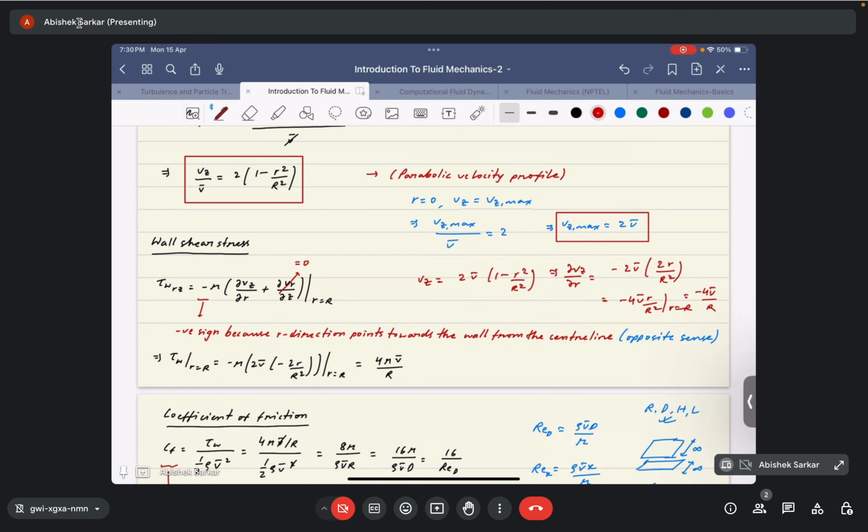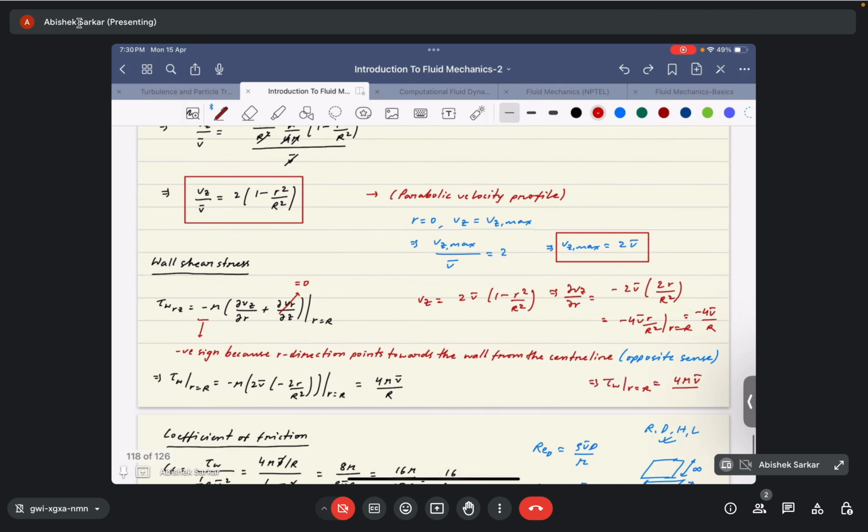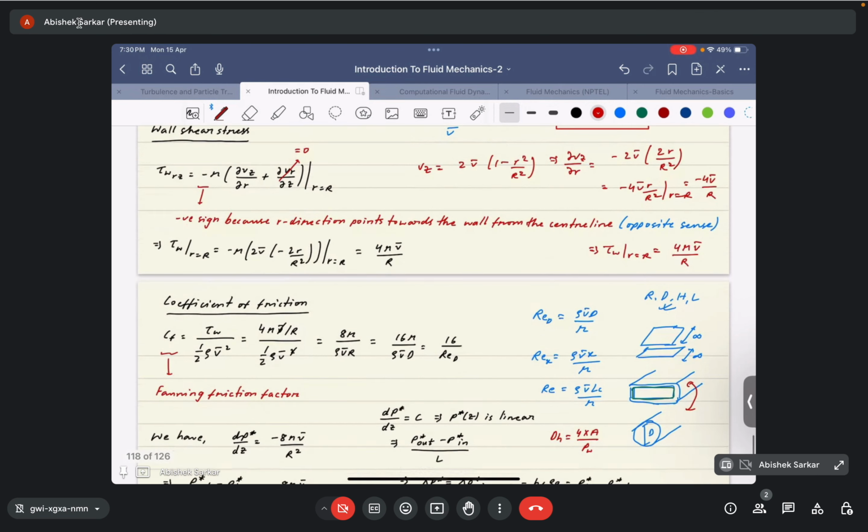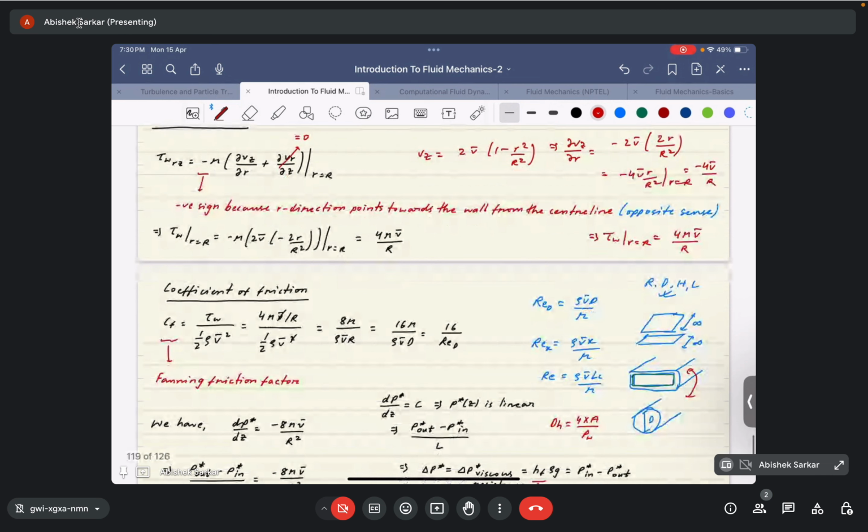Now since there is a minus mu multiplied here, we will get that tau r at r equal to R would be 4 mu v bar by capital R. And now to find the coefficient of friction, it will basically be the ratio of the wall shear stress to the kinetic energy corresponding to the average velocity.